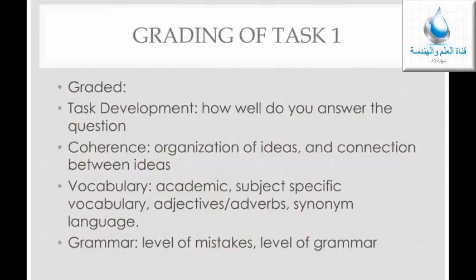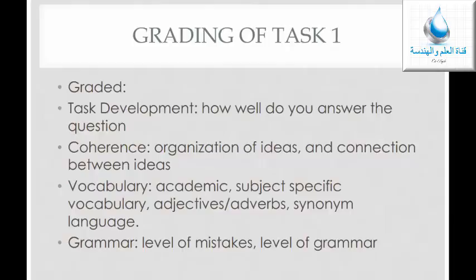Now, how are you graded? I'm going to go into grading a little bit more in another lecture when I go over the grading chart for writing task number 1. But in general, you're graded on your task development, which is how well you answer the question. You're graded on your coherence, which deals with the organization of your ideas and the connections between your ideas.